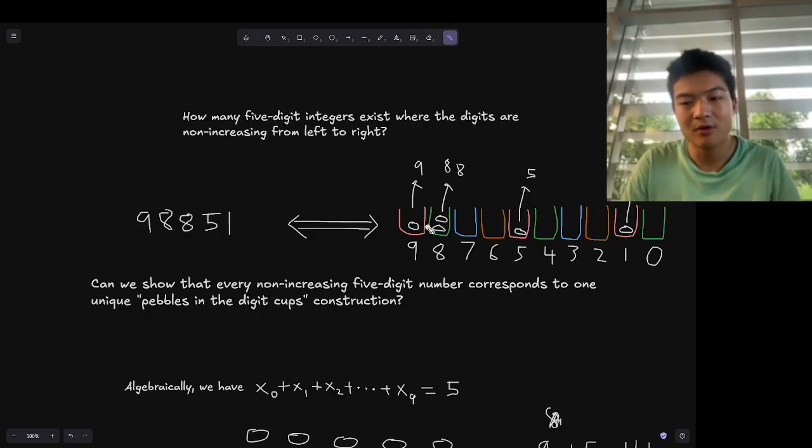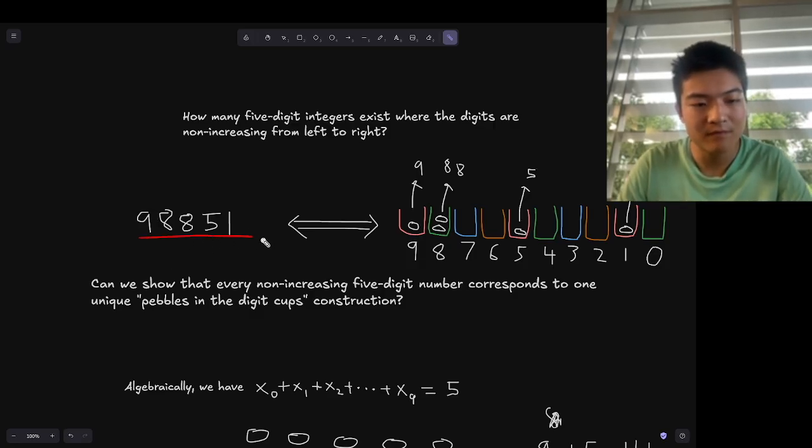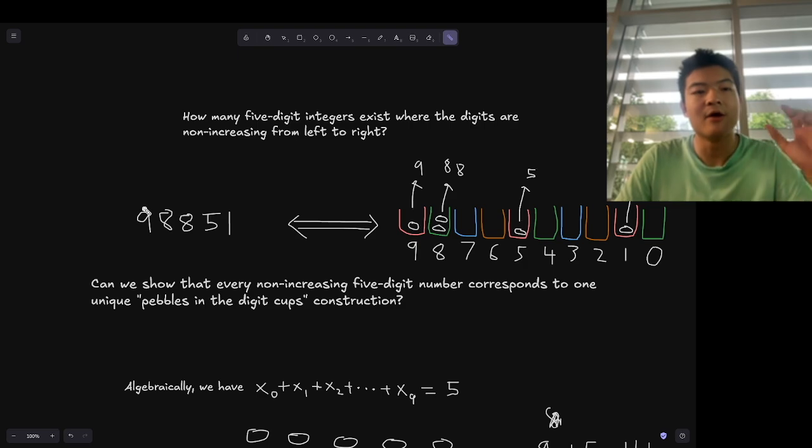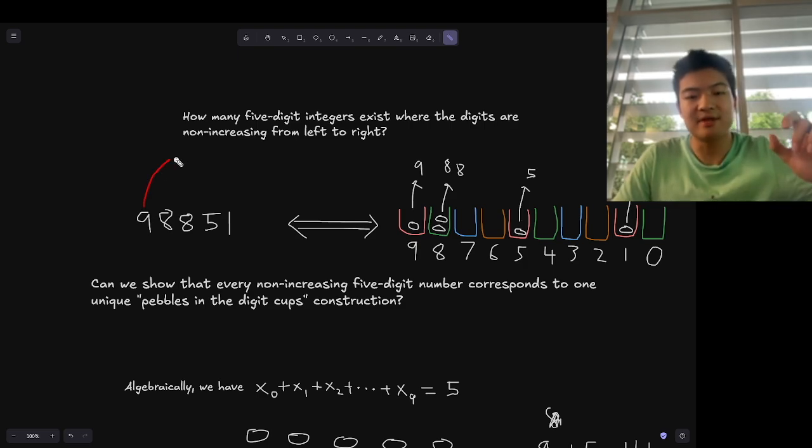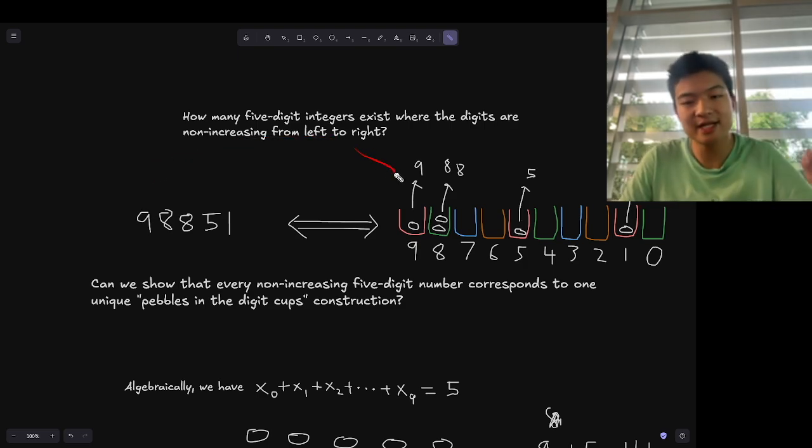And so the idea is, if I have this number 98851, then I can look at the digits from left to right. I start with the leading digit 9. I want to pick up this 9, turn it into a pebble, and drop it into the digit cup labeled 9.